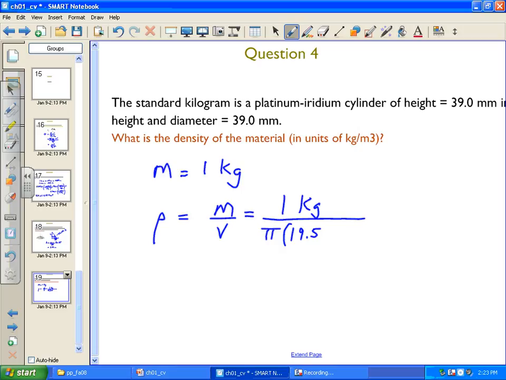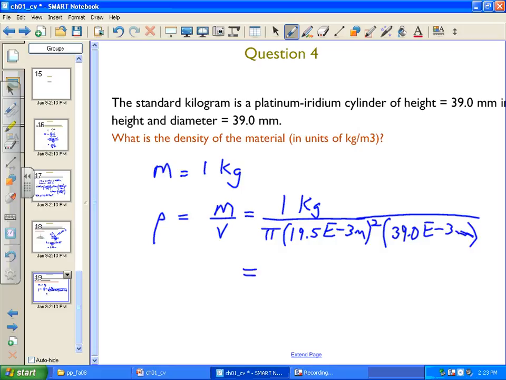And we can quickly write the conversion factor because we know that 1 millimeter is e to the minus 3 meters. So we can save ourselves a few steps of work and just write the radius as 19.5 e to the minus 3 meters, the whole thing squared. H, the height, again, given to us as 39 millimeters, can be written as 39 e to the minus 3 meters.